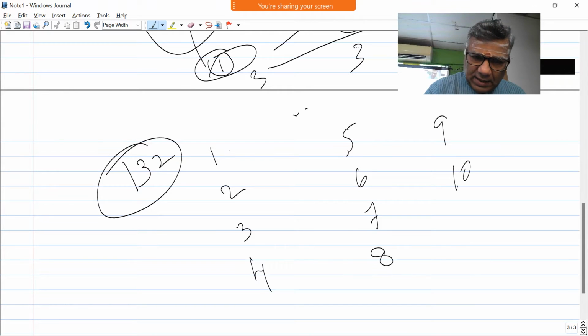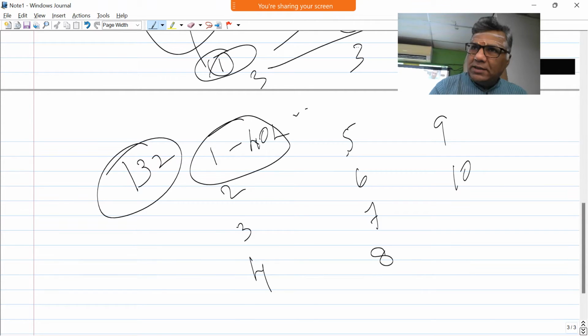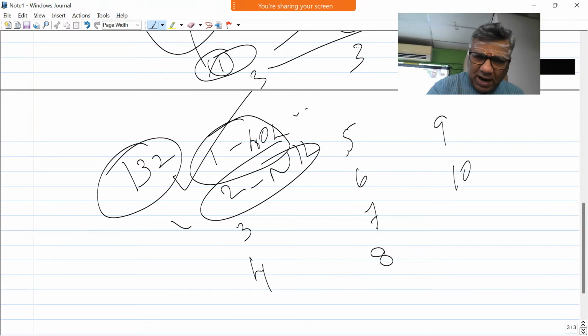This year, the AO finds that income escaping assessment is 40 lakhs. Should he open it? Yes. This is mandatory. Even here, if it is nil, also it is mandatory.